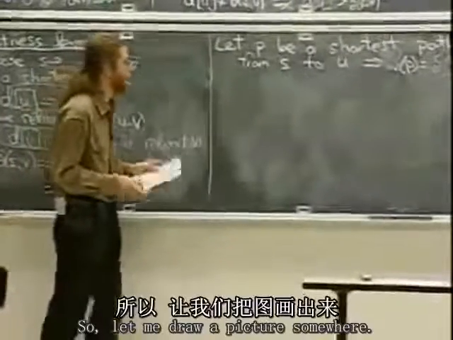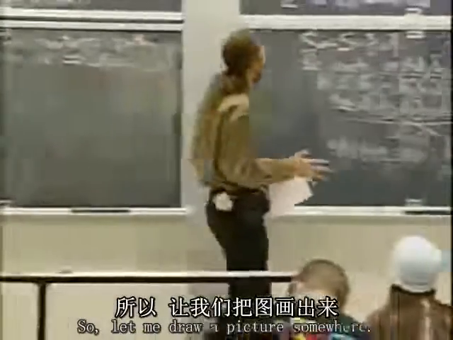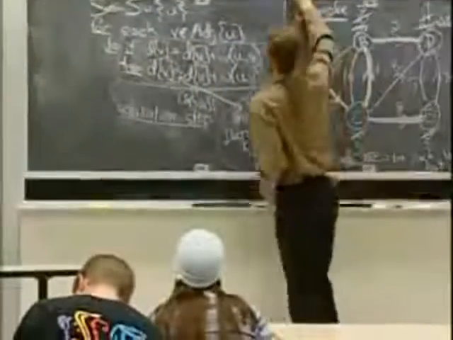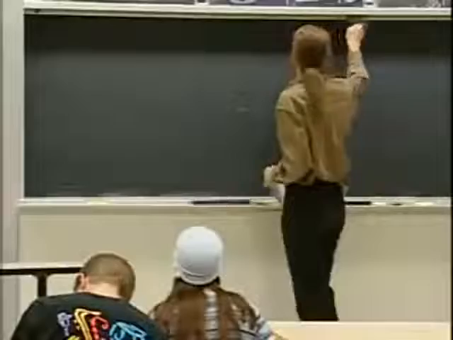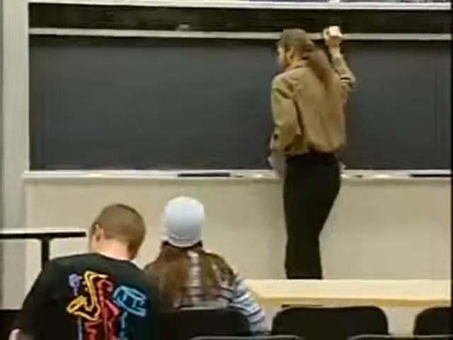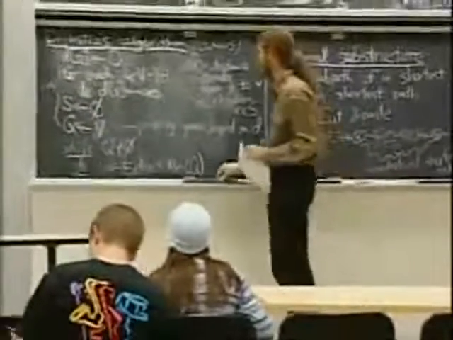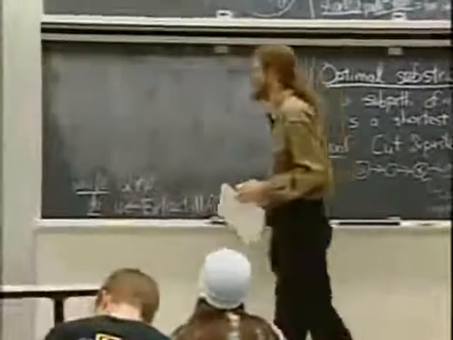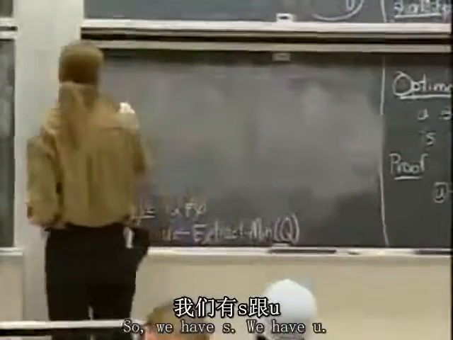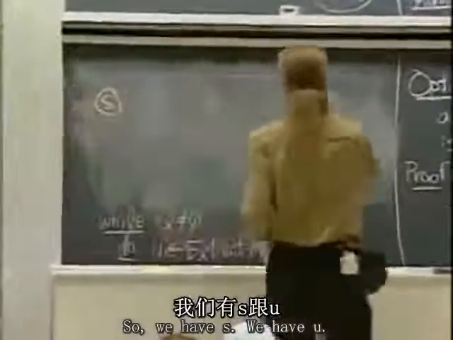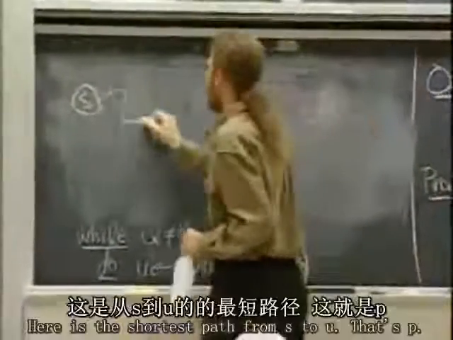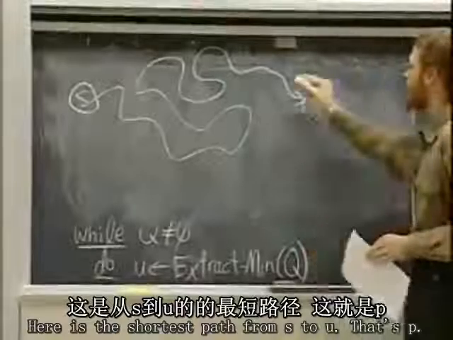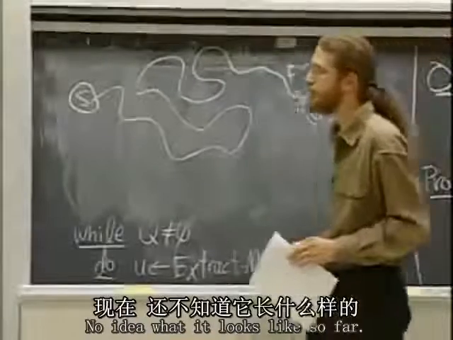So let me draw a picture. So we have s, we have u. Here is the shortest path from s to u. That's p. No idea what it looks like so far.